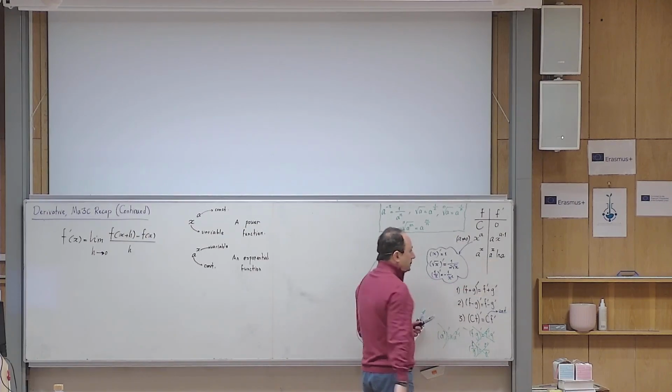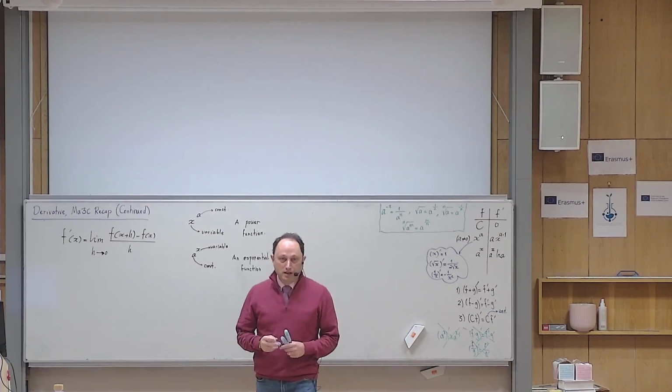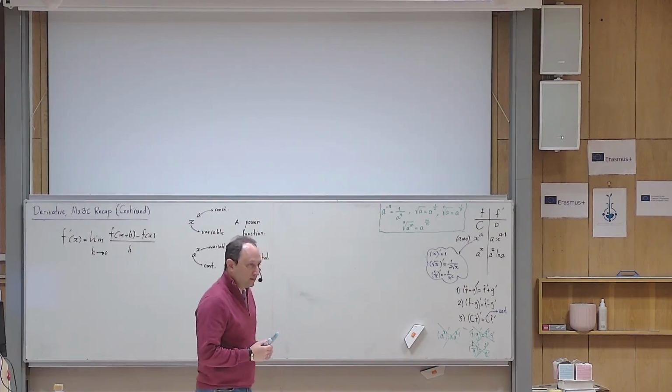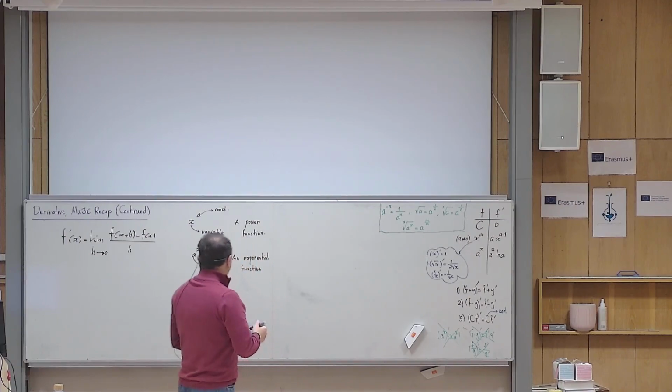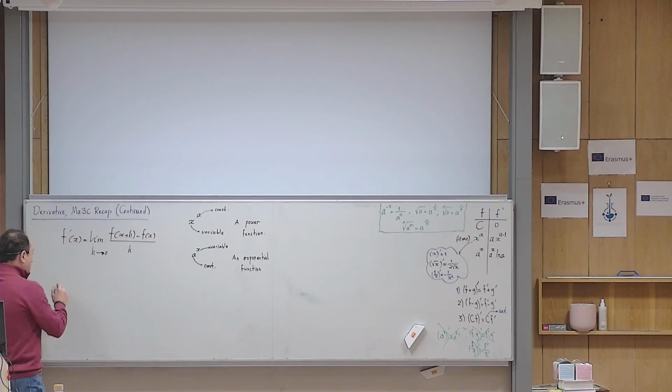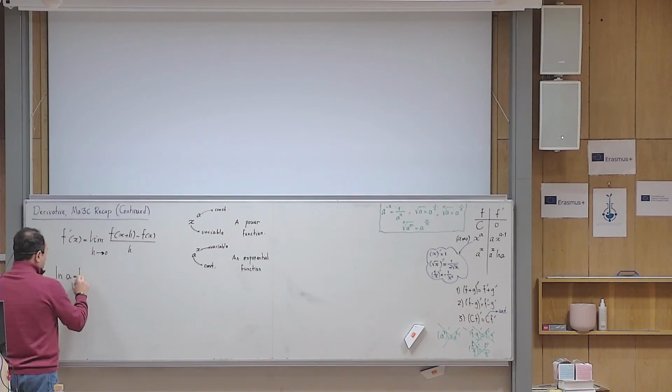But anyway, if I want to summarize what ln of a is, you remember what that is? So ln of a is called the natural log, so it is a logarithm. Okay, so if I say ln of a number, this is a shorthand way of writing the logarithm of a to the base e.